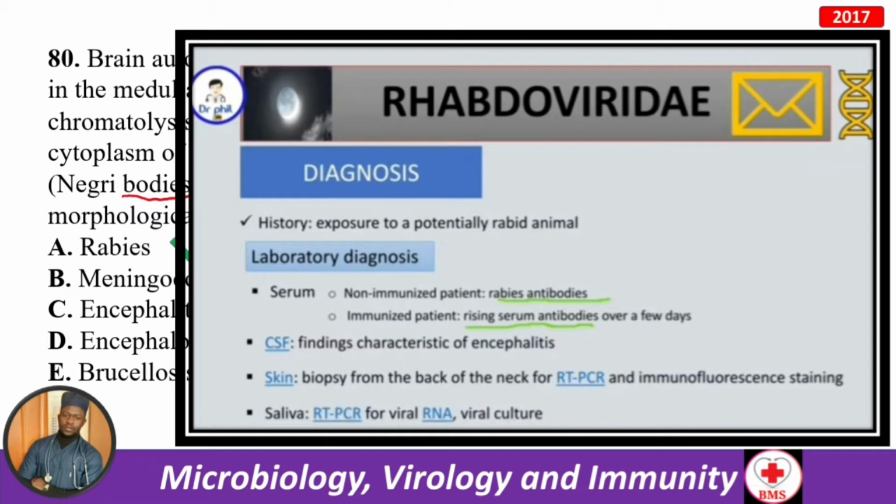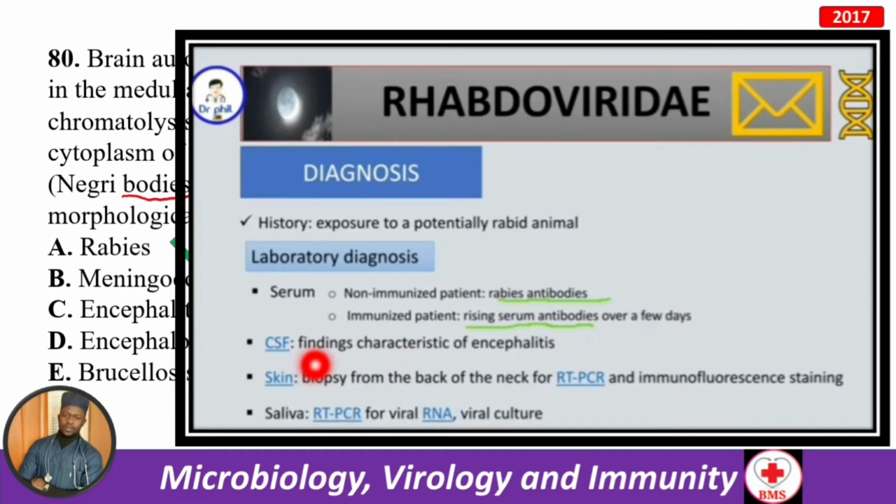On the question, it was about an autopsy, but what about in a living person? So for diagnosis, firstly, we'll talk about history of exposure to a potentially rabid animal. Laboratory diagnosis includes, in serum, non-immunized patients will have rabies antibodies, and in immunized patients, there will be rising serum antibodies over a few days.